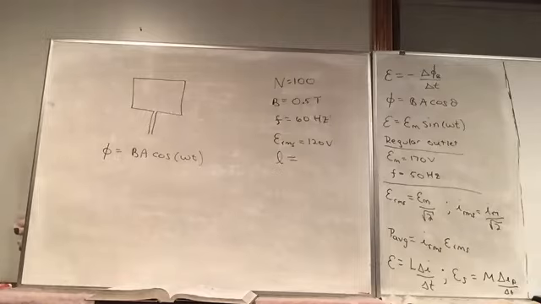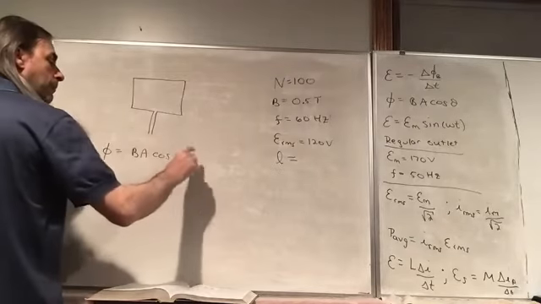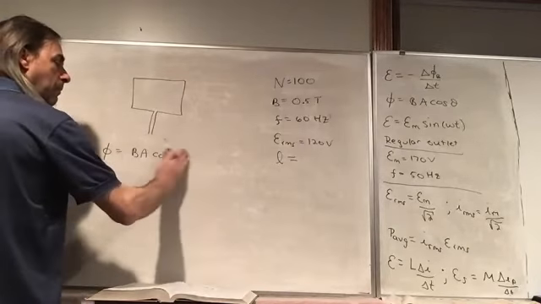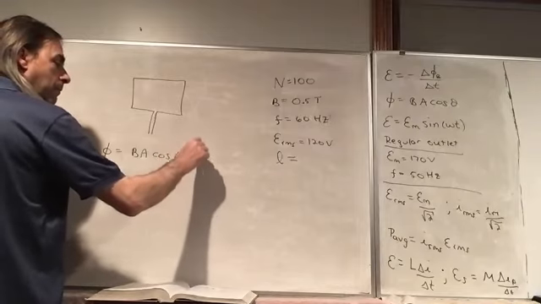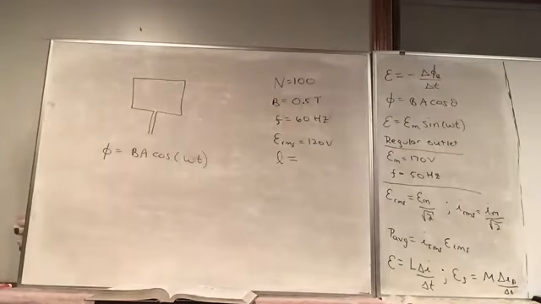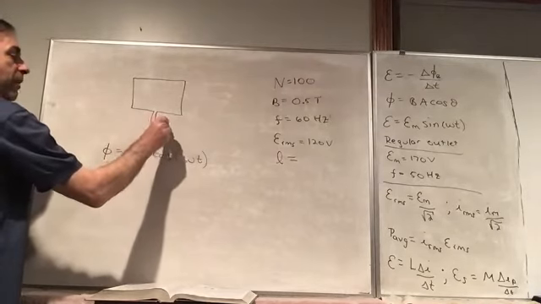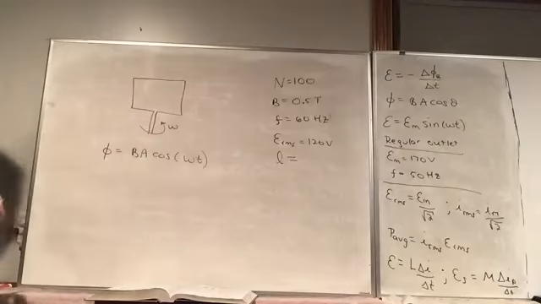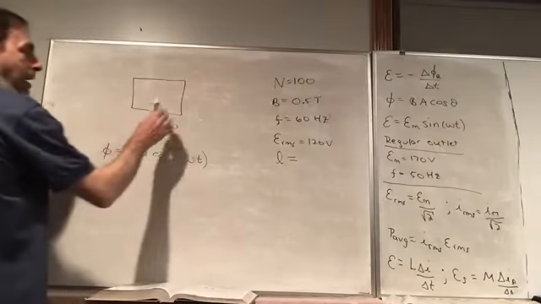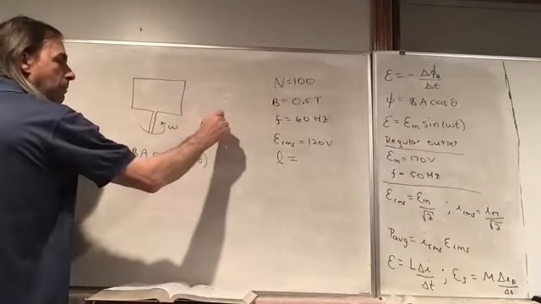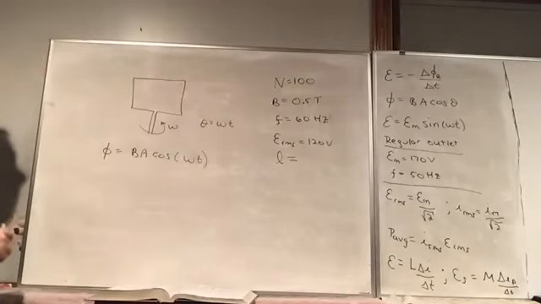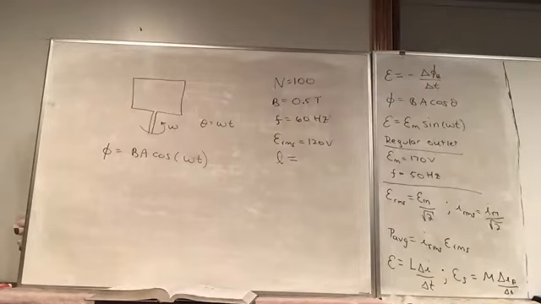You're going to write it like this. So theta is the angle between the magnetic field and the normal vector. And because this coil is rotating with an angular frequency omega, we can say that theta, the angle between the normal vector and the magnetic field, is equal to omega t.